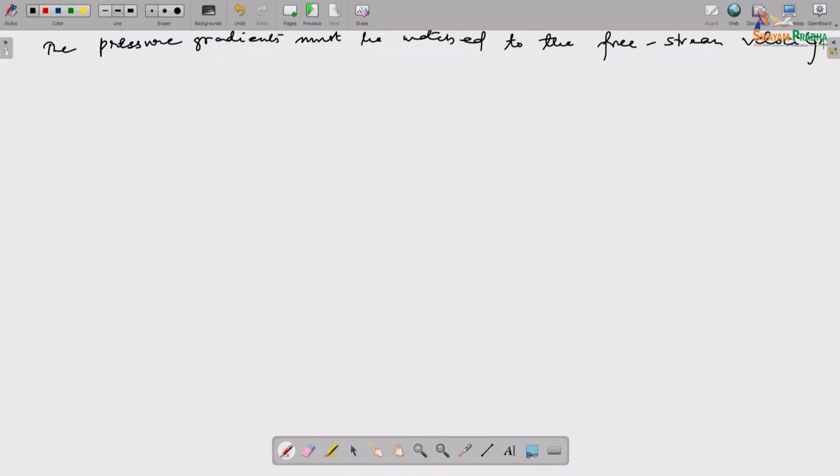So this is the velocity. It has two components, and U2 is also.